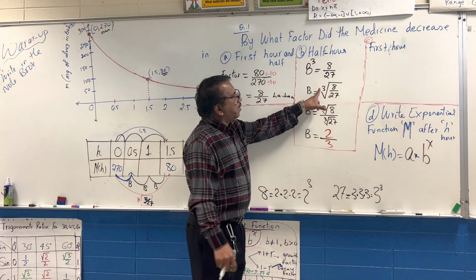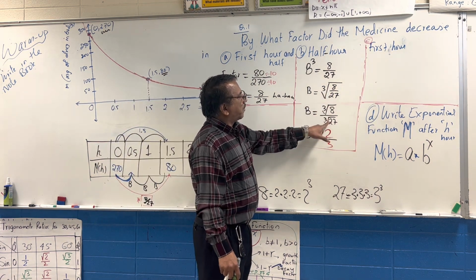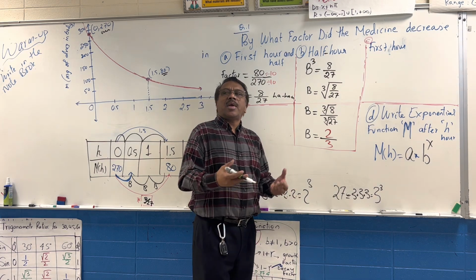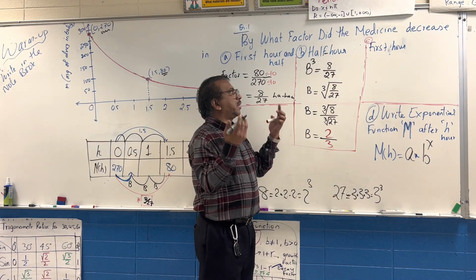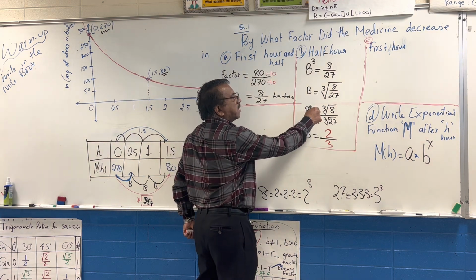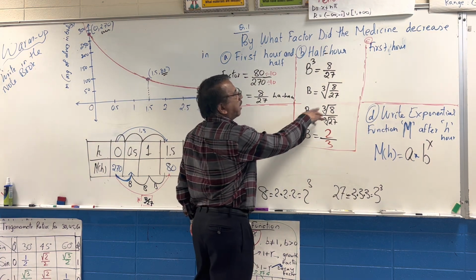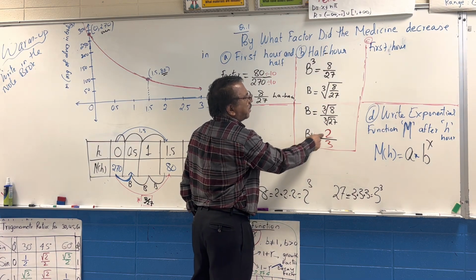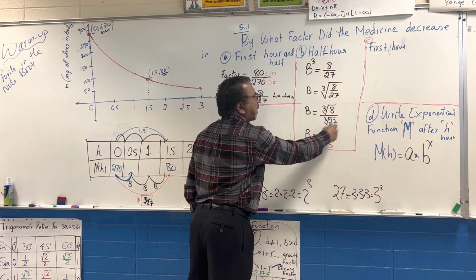So it is the cube root of 8 and the cube root of 27. Now, we are confused because we forget what that cube root is. Just remember, we have done this in Unit 3: you can separate and write down, because 2 times 2 times 2 is 8, 3 times 3 times 3 is 27. There you go.